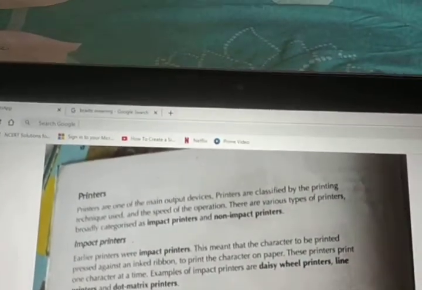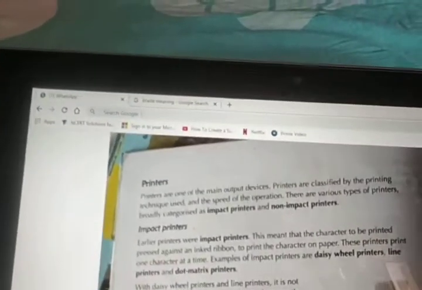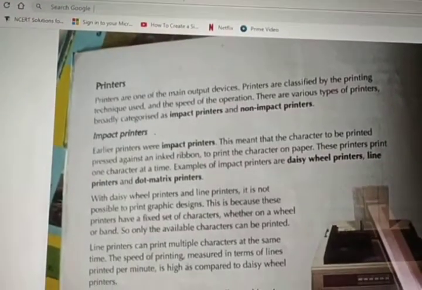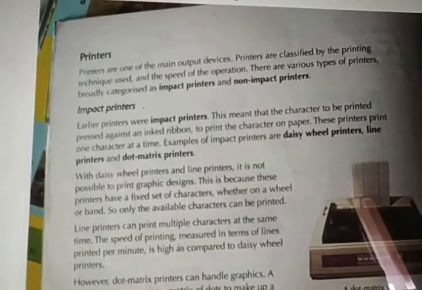Okay. Now what is the next topic? Printers. We are going to see about printers. Printers are one of the main output devices. As we very well know, a printer is an output device.